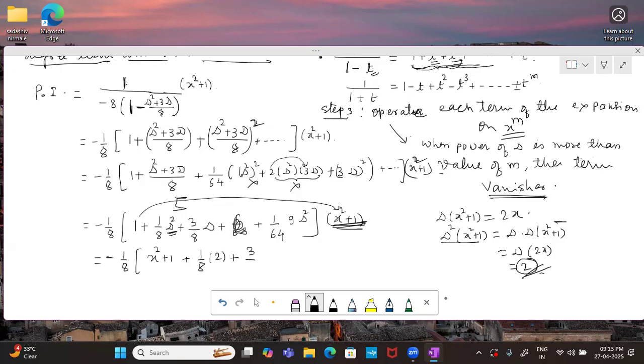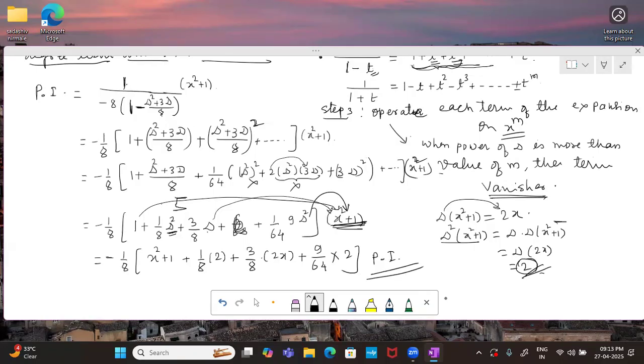Plus 3 by 8 d of x square plus 1. Derivative of x square plus 1 is 2x. Plus 9 by 64 into double derivative of x square plus 1, it is 2. And now this entire expression is free from d, and that is the final answer. That is pi. So this is the way to find the pi.